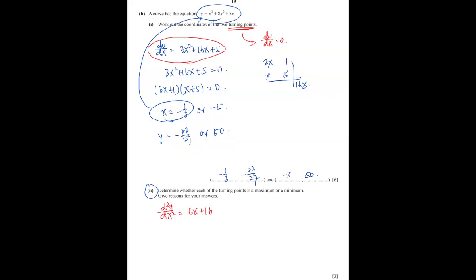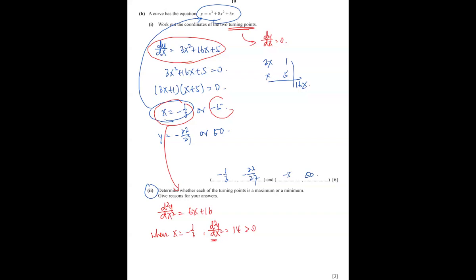Then to test, we substitute the x values of the coordinates. So when x equals -1/3, my second derivative will be 6 times -1/3 plus 16. Okay, it's 14.